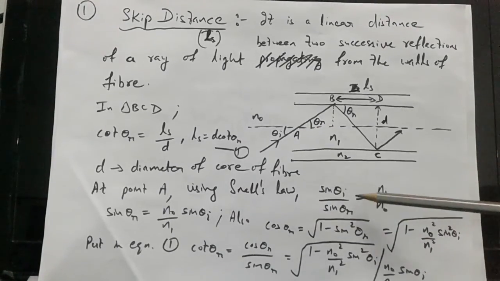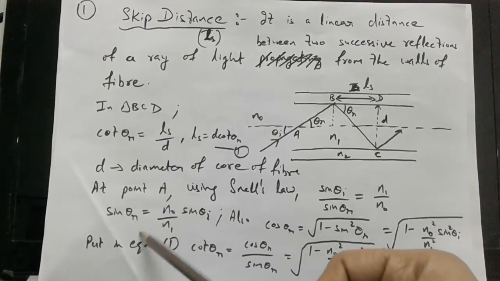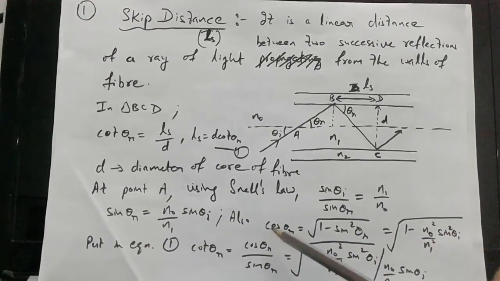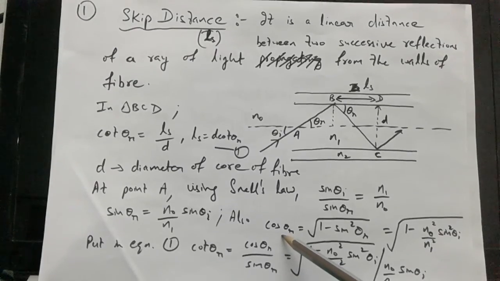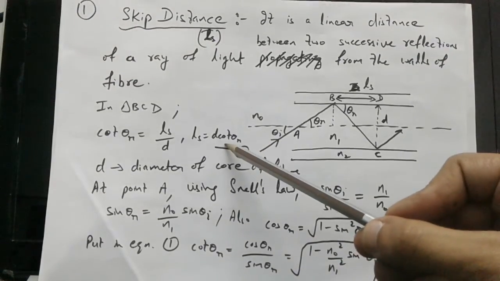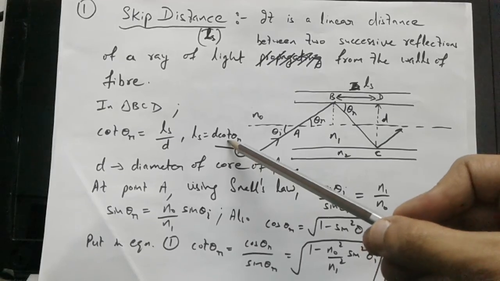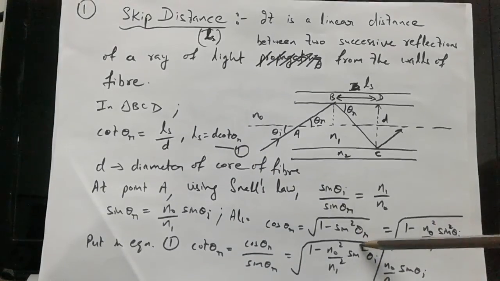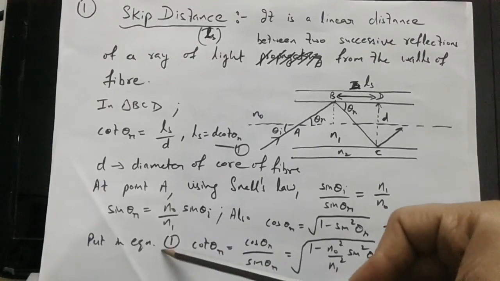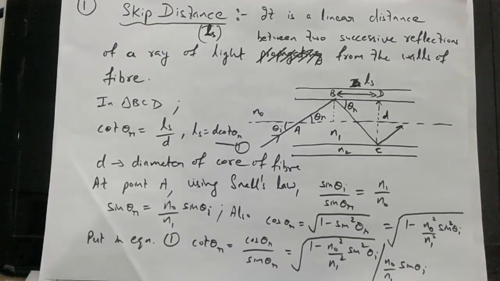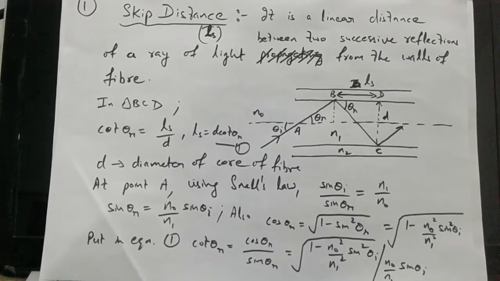So using this relation we can find sine theta r and cos theta r, put their ratios in this equation 1, and we will get cot theta r. If we put the value of cot theta r in equation 1, then from there we will get the skip distance expression.